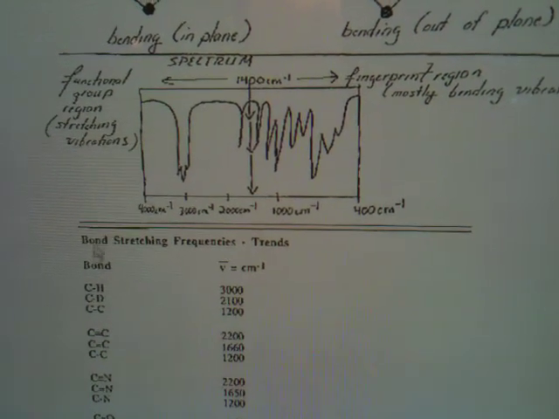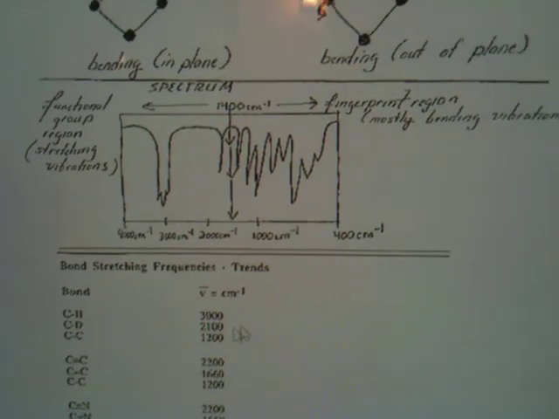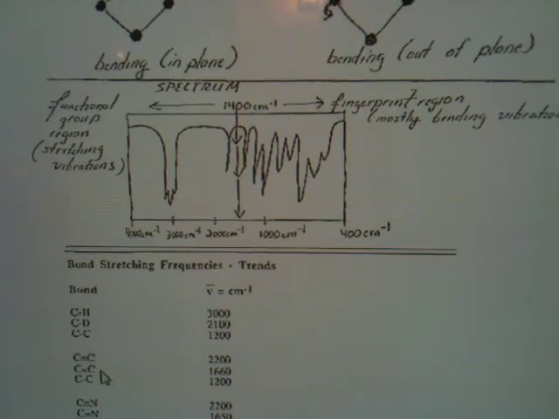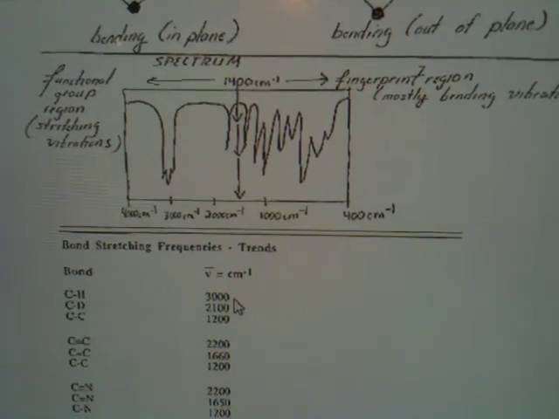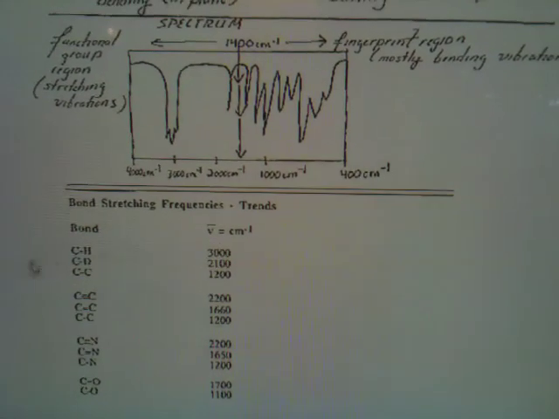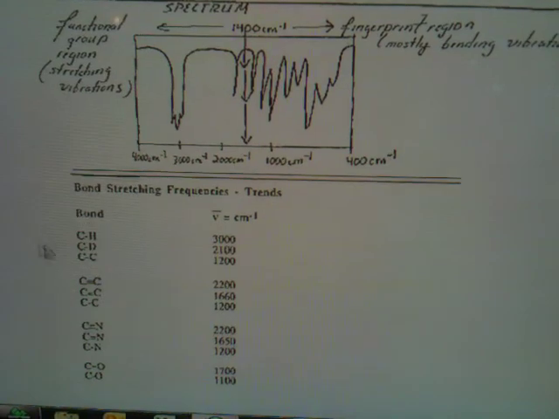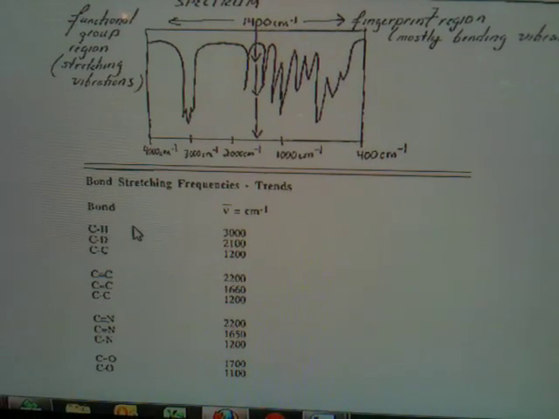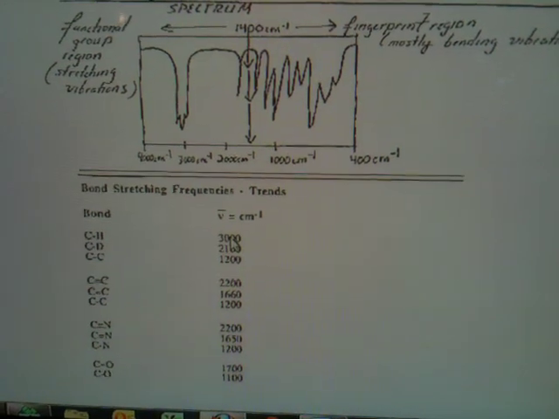Now what this data is showing here is just what I just said about how mass affects the stretching vibration, or the vibrational frequency that it absorbs at. So if your molecule has CHs in it, it will no doubt absorb around 3,000.